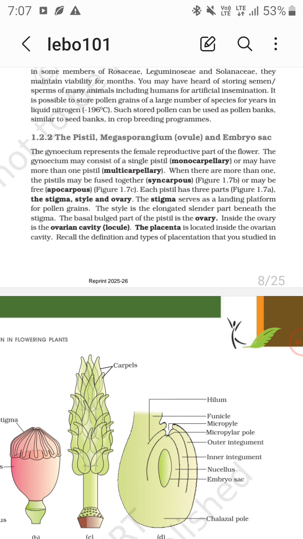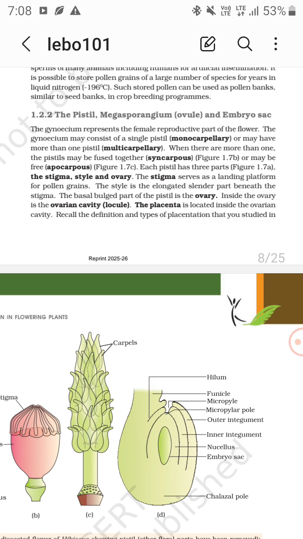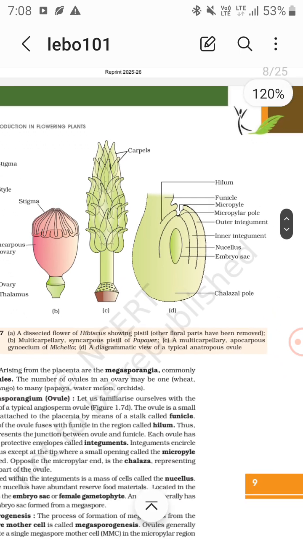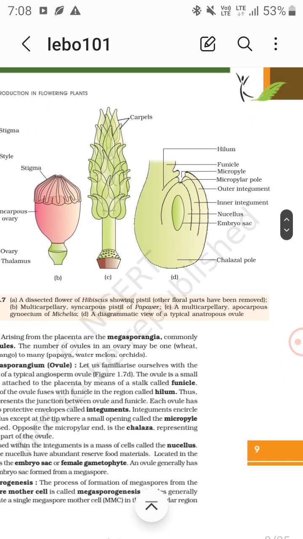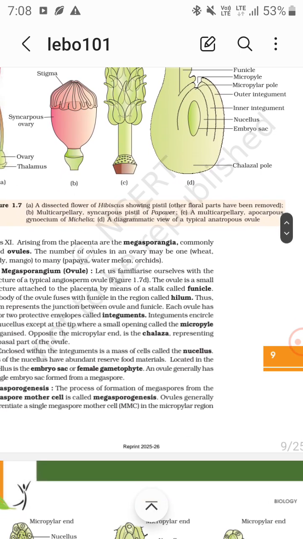The placenta is a cushion-like structure where the ovule is attached, and the ovule has a stalk, the funicle. The hilum is the junction between funicle and ovule. Multicarpellary syncarpous, for example, is Papaver, and multicarpellary apocarpous gynoecium is Michelia.